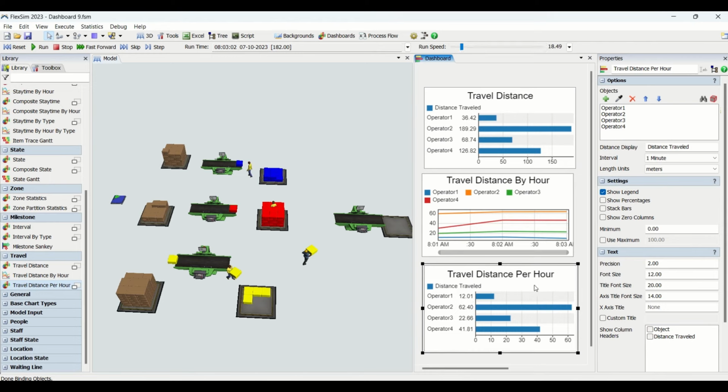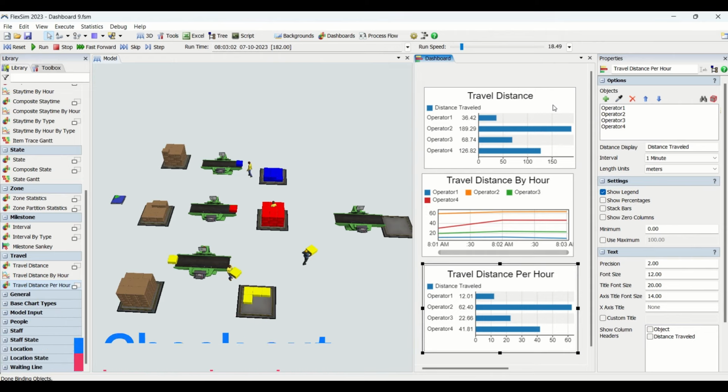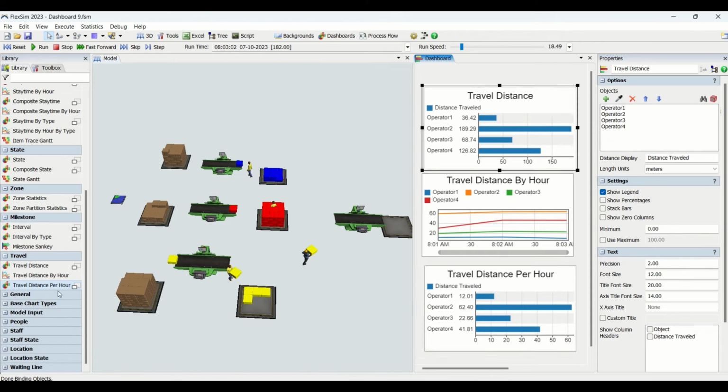this graph, travel distance per hour, is going to give you the average. Whenever you want to find the total distance for a particular runtime, I am running for 3 minutes, so in that duration, if you want to find the travel distance by the operators, you need to use the graph named travel distance.